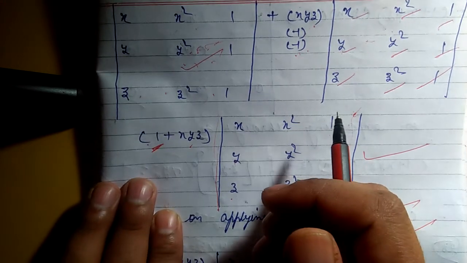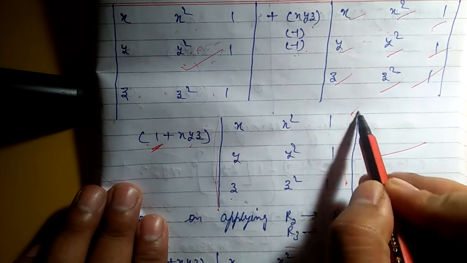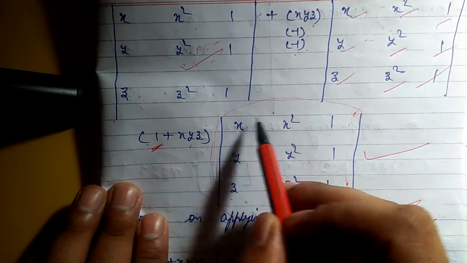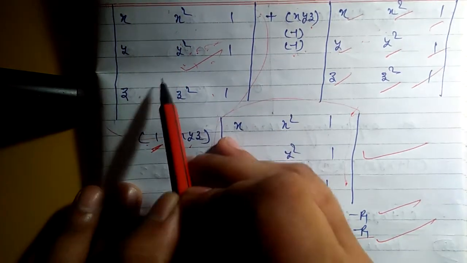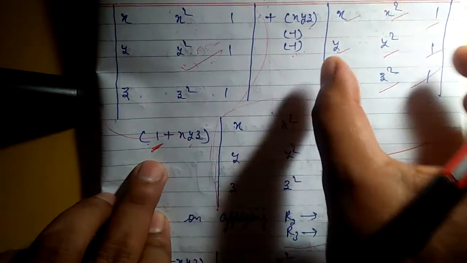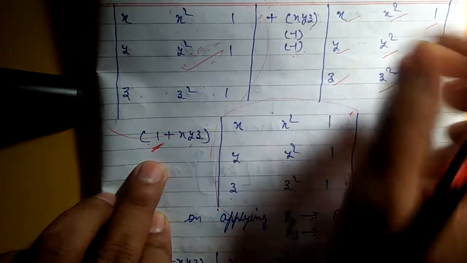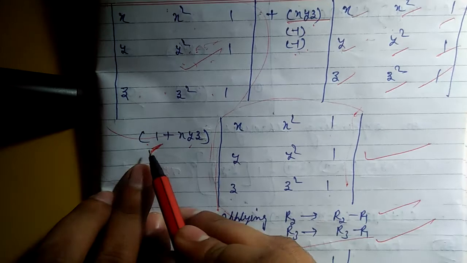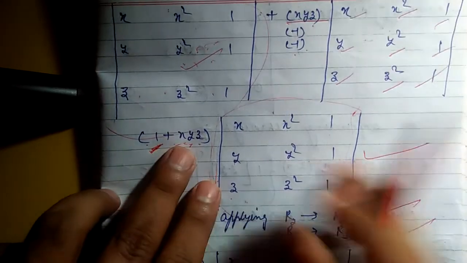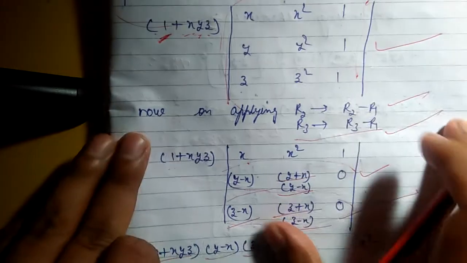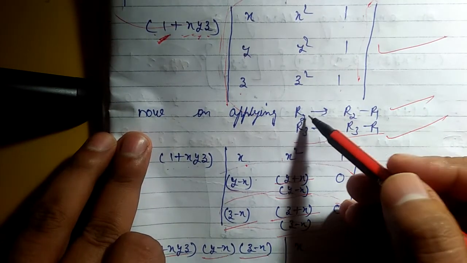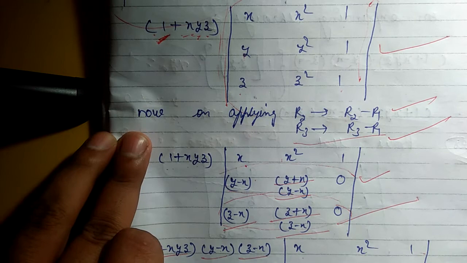So we take it out common, and at that place you get a single 1, and from the other part you get x y z. Then your common term will be 1 plus x y z.